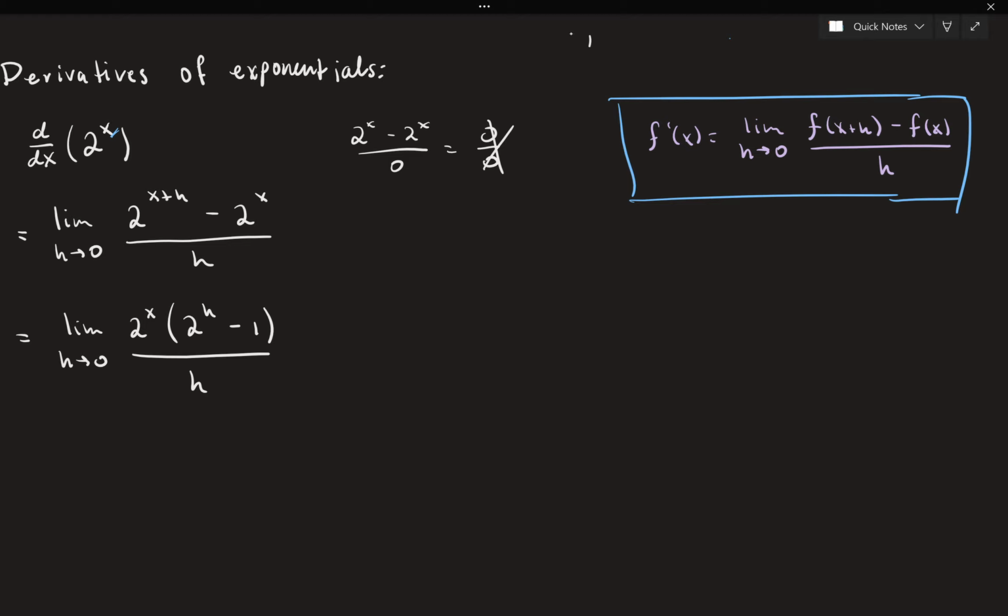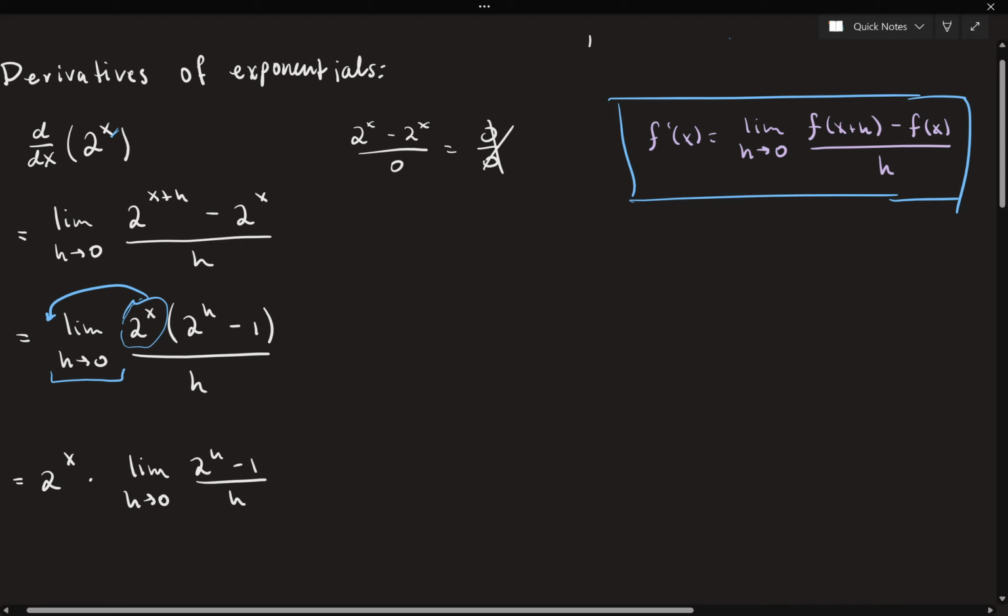And then I actually notice this limit only has to do with h, and I have this 2 to the x, which doesn't have any h's in it, being like a constant multiple. And we know we can take constant multiples out of limits. So that's actually what I'm going to do. I'm going to take the 2 to the x out. 2 to the h minus 1 over h.